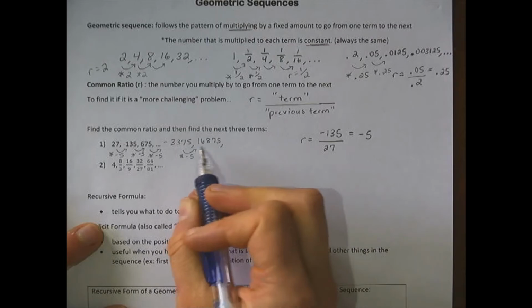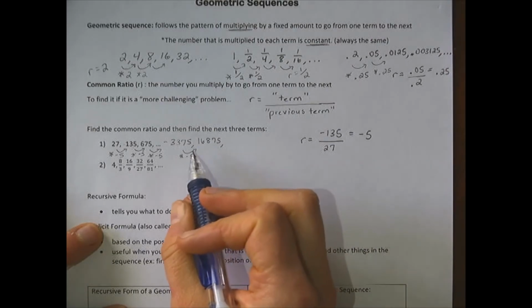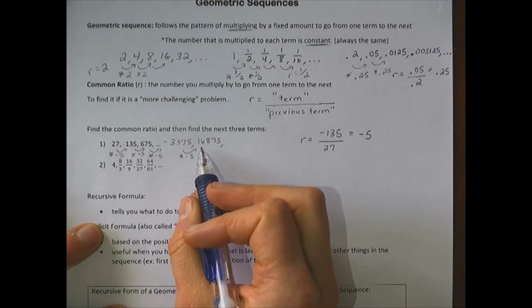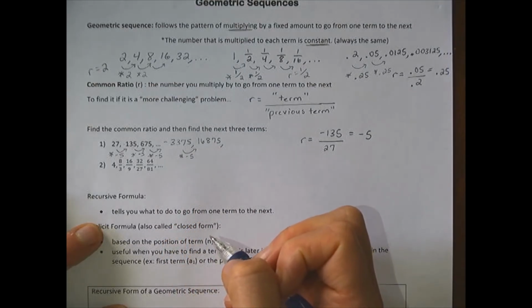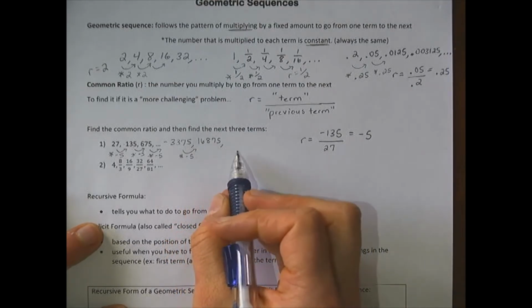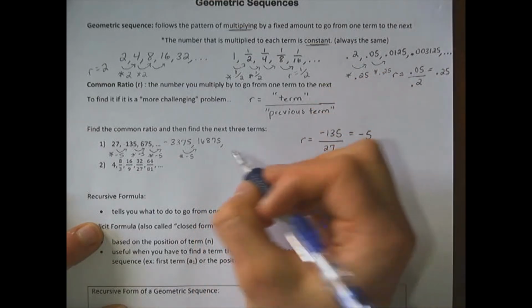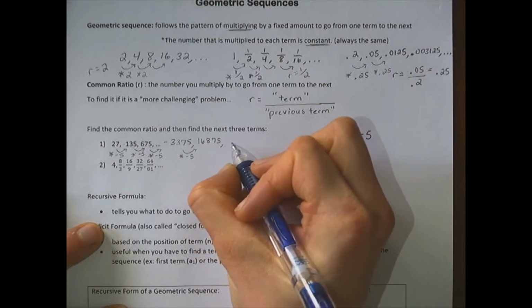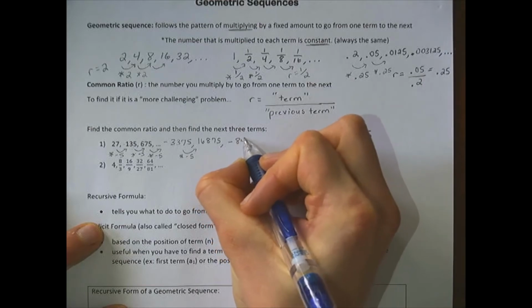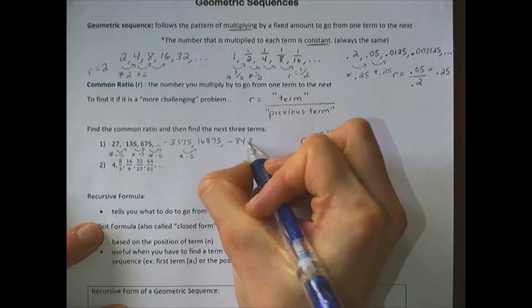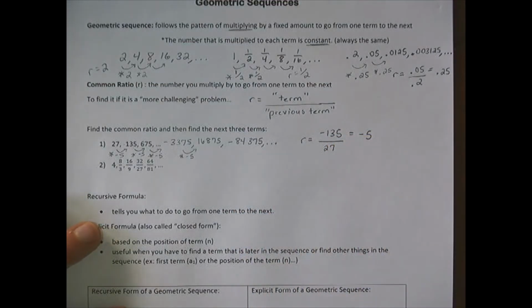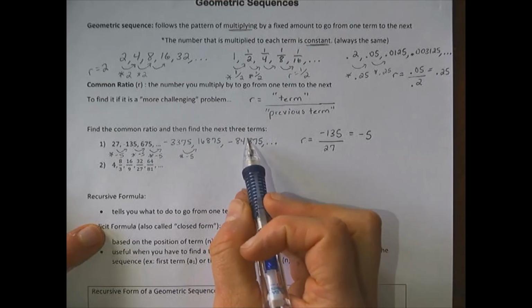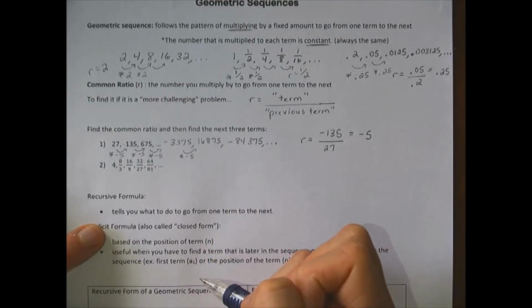Notice I didn't put the comma in here because when writing out a sequence, sometimes it's confusing if you have a bunch of commas. So typically I would not put commas. Then you have to do it one more time to get that last term. When I multiply by -5 again, I end up getting -84,375. And then it would keep going if I kept multiplying by -5. So that is the next three terms of that sequence.